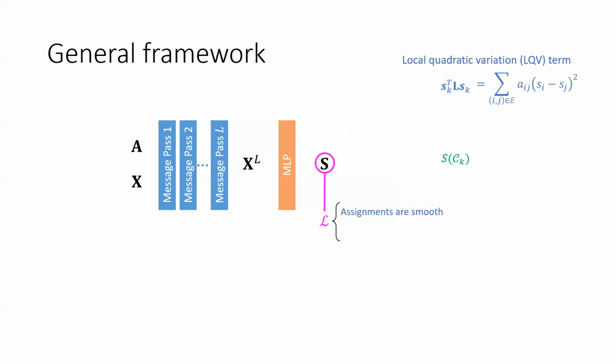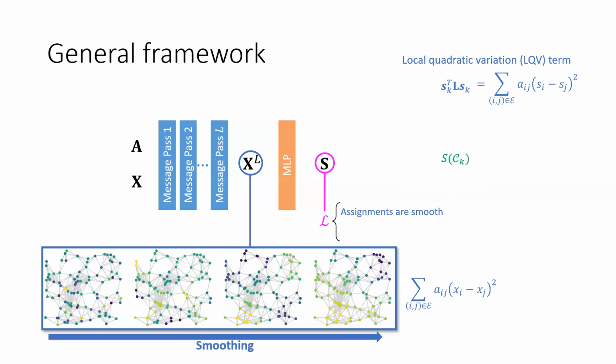Having this term in the loss ensures that cluster assignments S are smooth on the graph. Importantly, this is very compatible with the message passing operation that ensures that node features X are smooth on the graph. Indeed, the cluster assignments S are computed from the node features, so there is a synergy in encouraging both of them to be smooth.